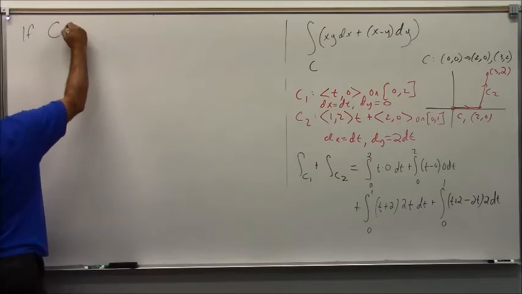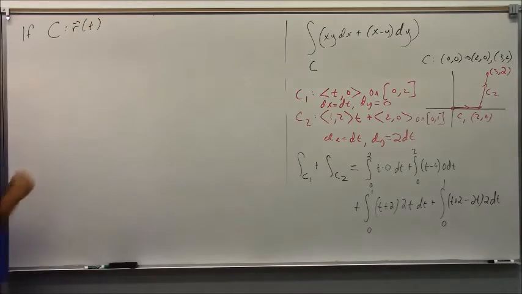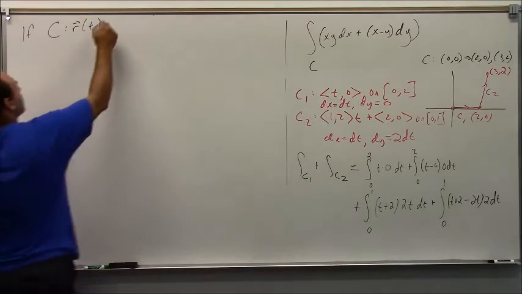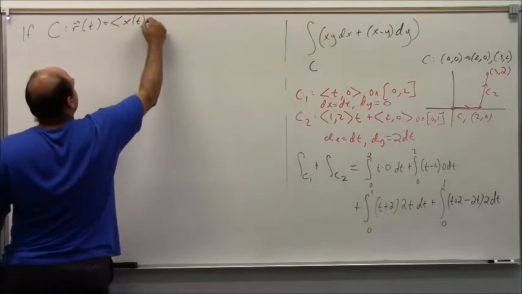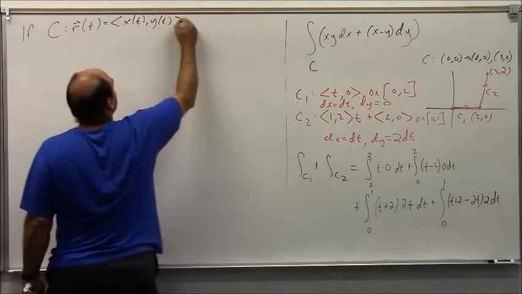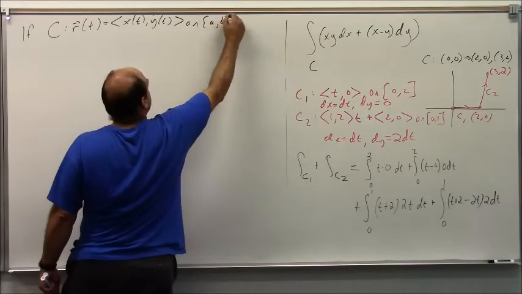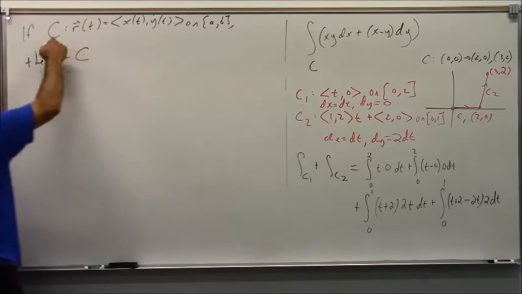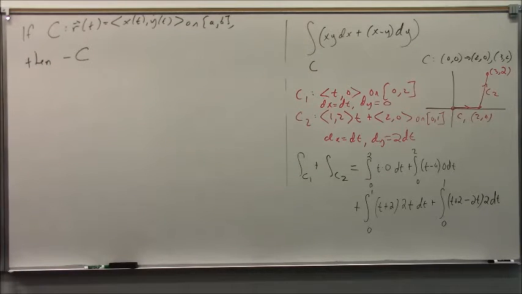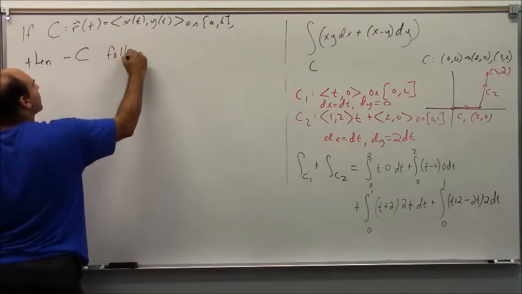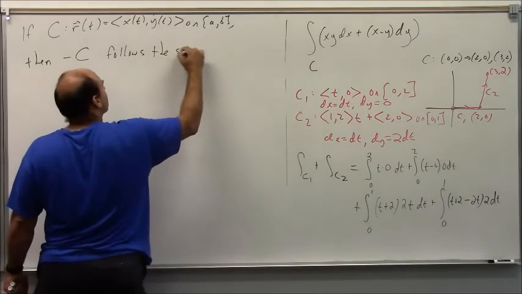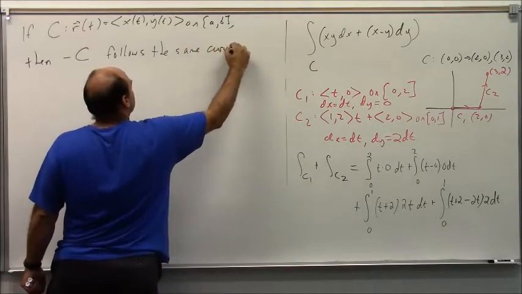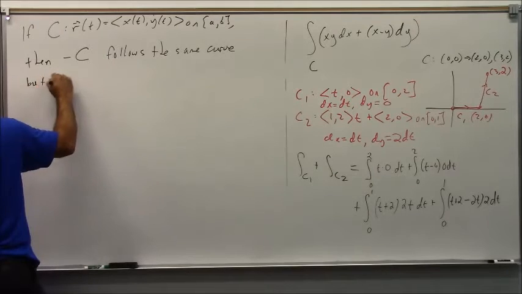If C is, say, given by r of t equals (x of t, y of t) on some interval [a, b], then minus C, so this C is a curve, so minus C doesn't really make much sense as yet, but it's about to. Minus C follows the same curve, but in the opposite direction.